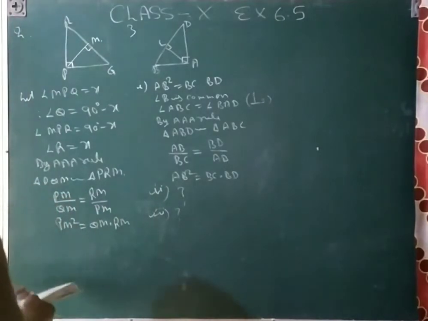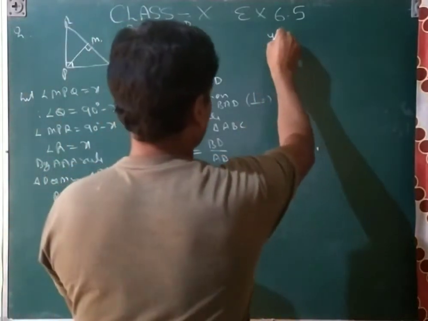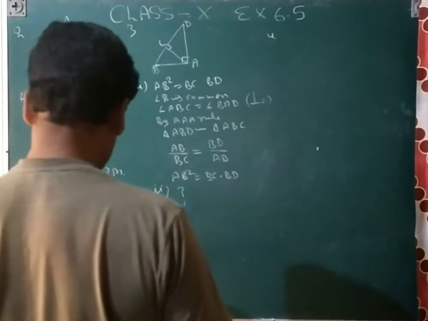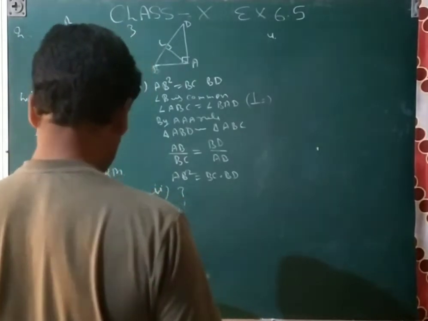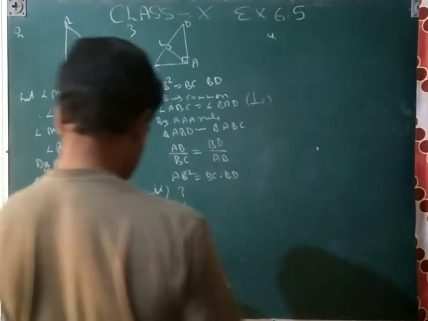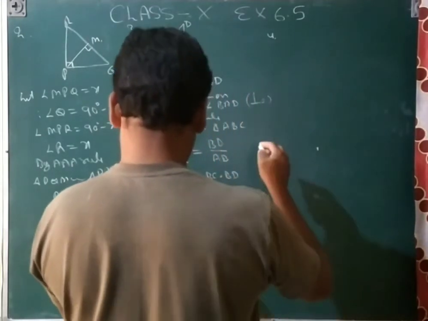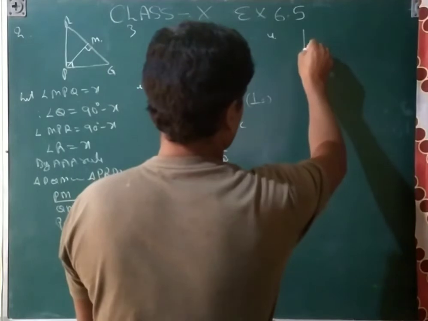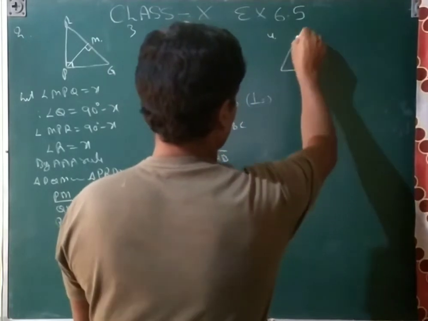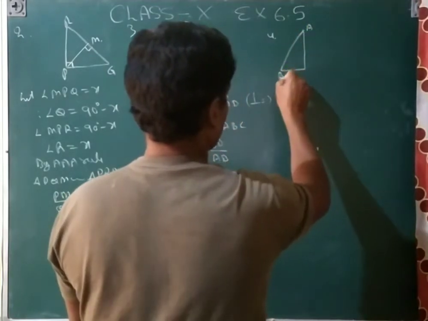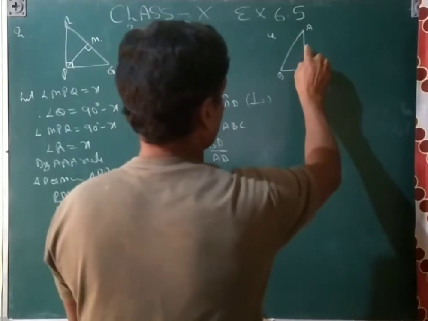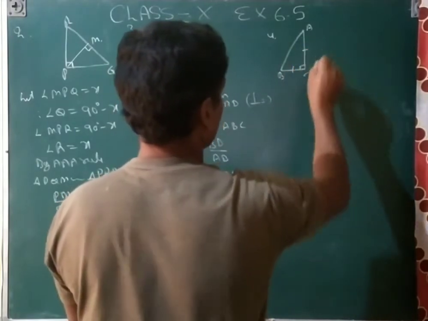And then the fourth question: ABC is an isosceles triangle, right angled at C, and these two sides are also equal.